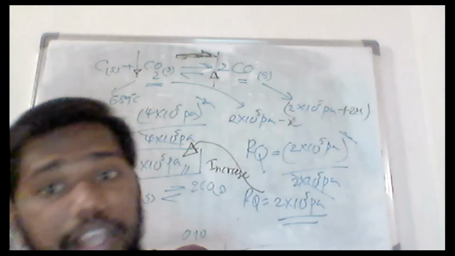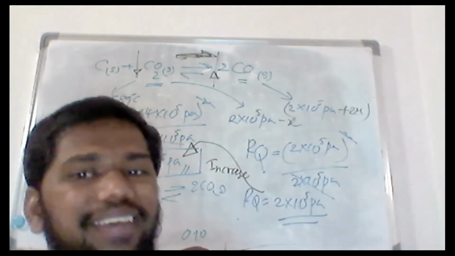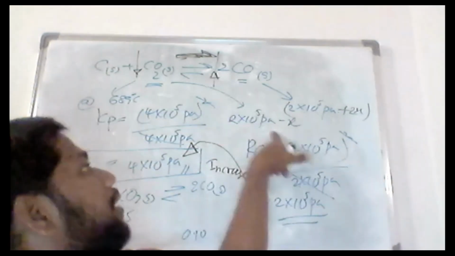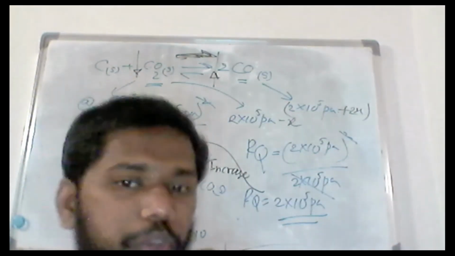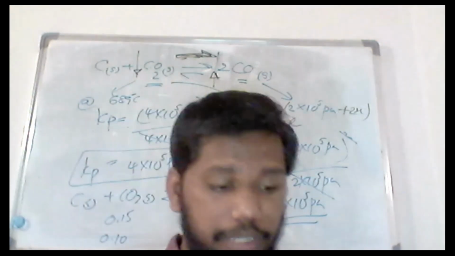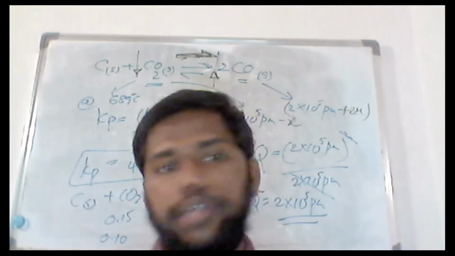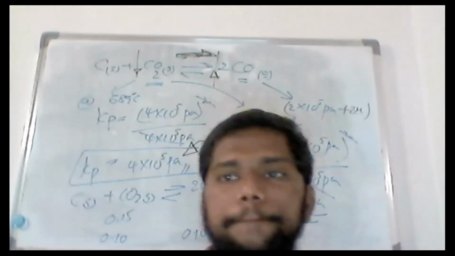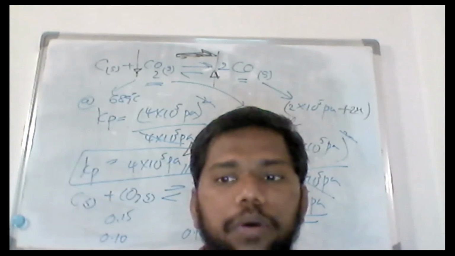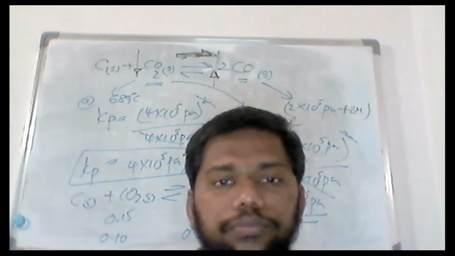Then you find finally x and show here CO2 is decreasing and CO is increasing, the pressures. You can do that. But as you wish, you have to find a simple way, and I have explained this very simple way. Okay, so I hope you have understood this.